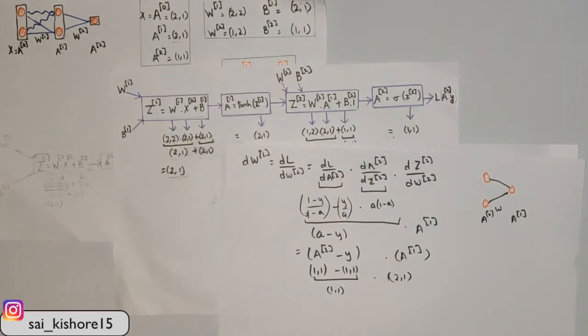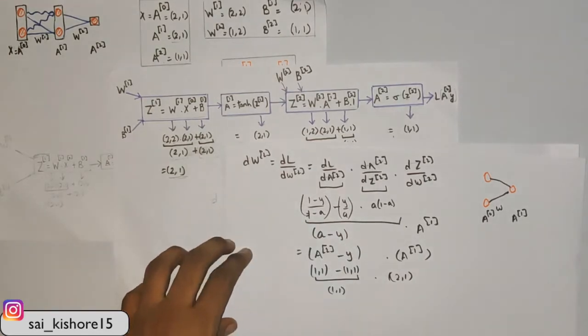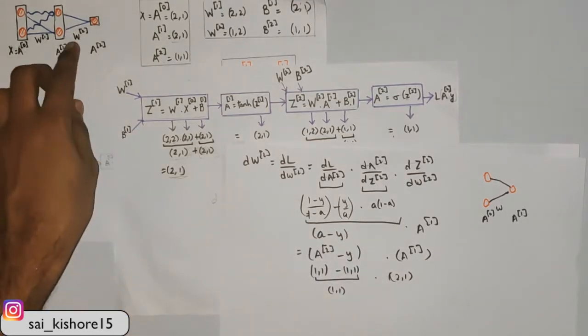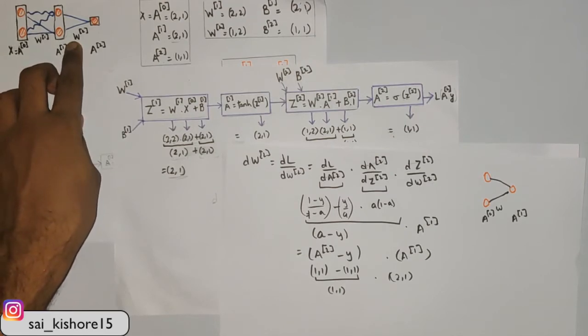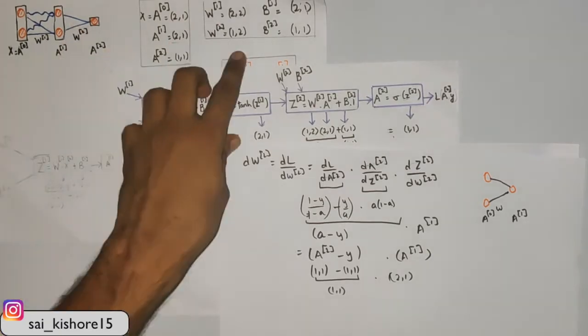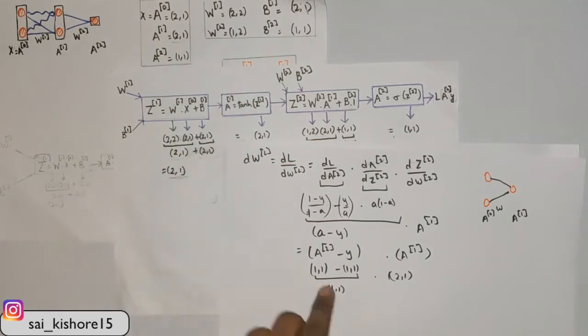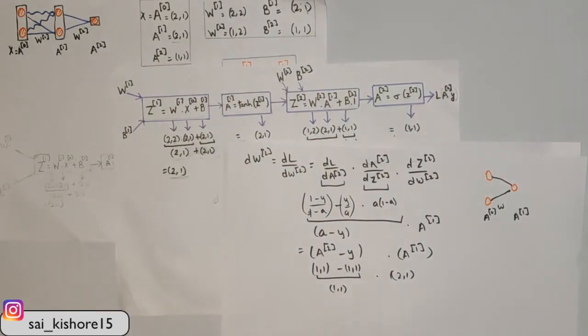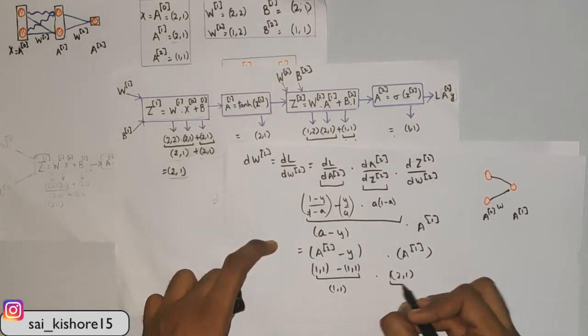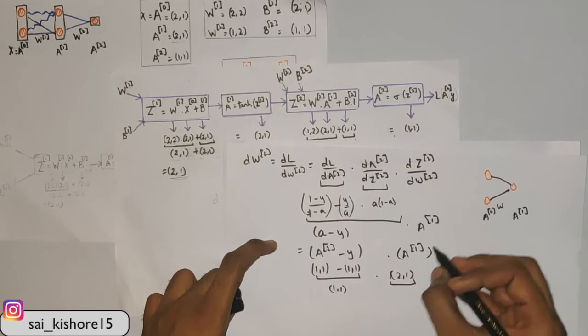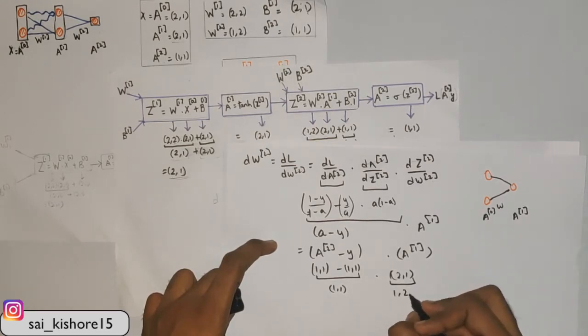Now if you see dw2, we are actually computing the gradients for dw2, right? So the gradient of dw2 should be of the same shape as w2. The shape of w2 is (1, 2), but if you perform the multiplication here, you won't get (1, 2), you will get (2, 1). So what do we do? We transpose this and make it (1, 2).